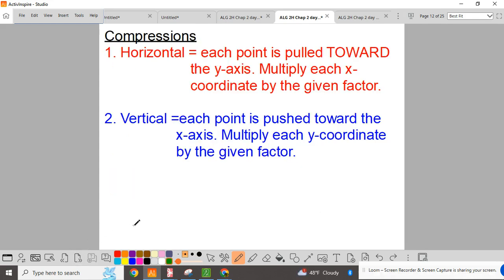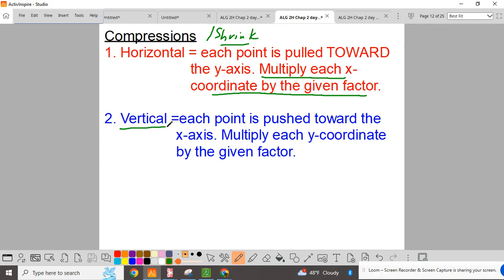All right, so when we do compression, it's basically like shrinking, making smaller. For horizontal compression, each point is pulled towards the y-axis. So what we do is multiply each coordinate by the given factor.